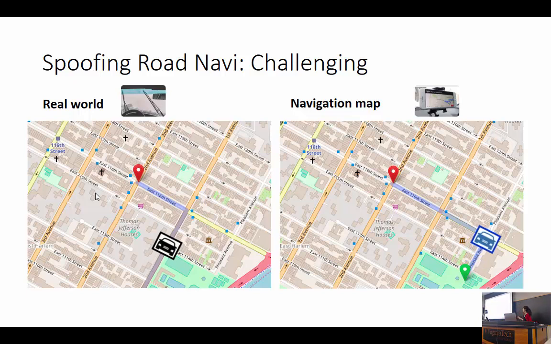And then at this point, the navigation system will tell the driver to turn left, but in reality the driver sees there's no left turn. That essentially means this naive spoofing is creating a physically impossible route, and that can alert the user that they are under attack.